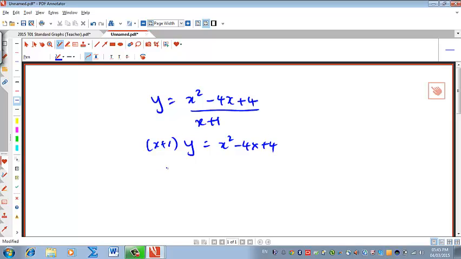When we expand, we will have, okay, so here I'm only expanding the left side and subtracting all terms and bringing them over to the right side. So I arrive at this equation. If I were to rearrange it further, I will get this.